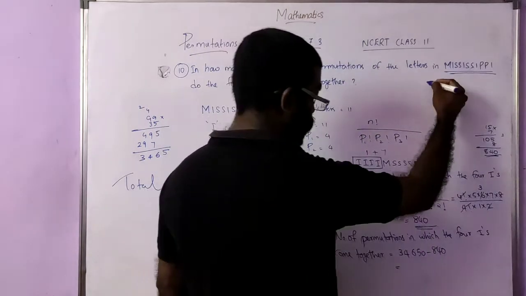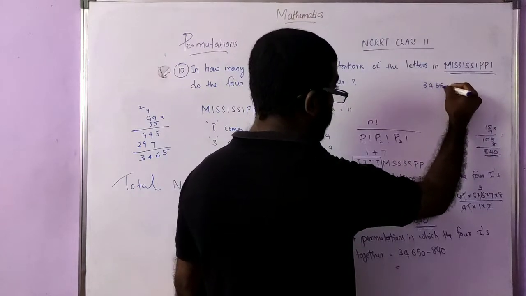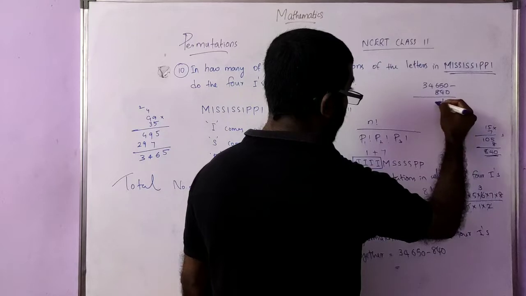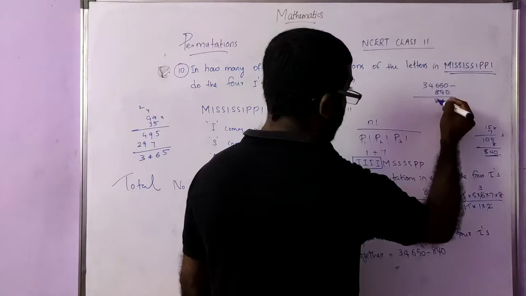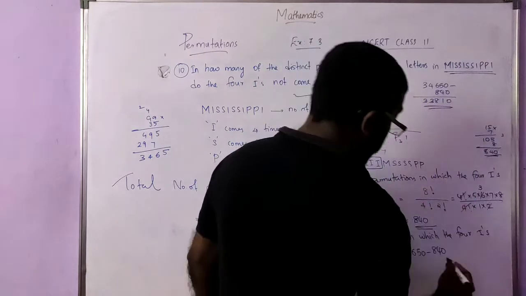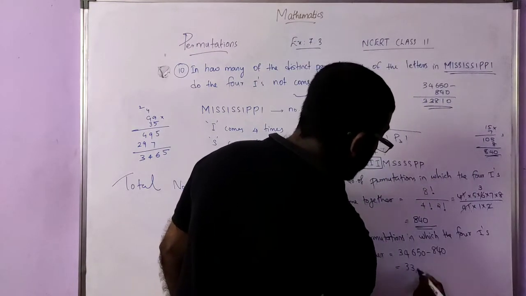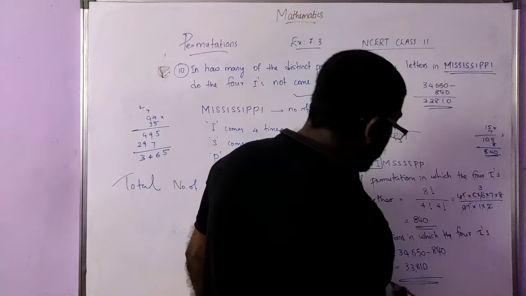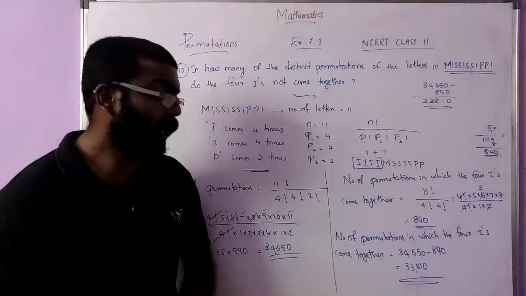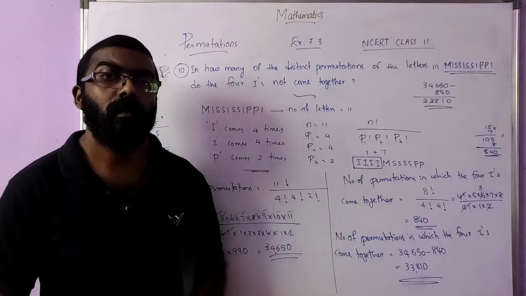We can subtract these two. 34,650 minus 840: 0, then 1, then 8, 3, 3. So 33,810. So the required answer is 33,810. Understood?